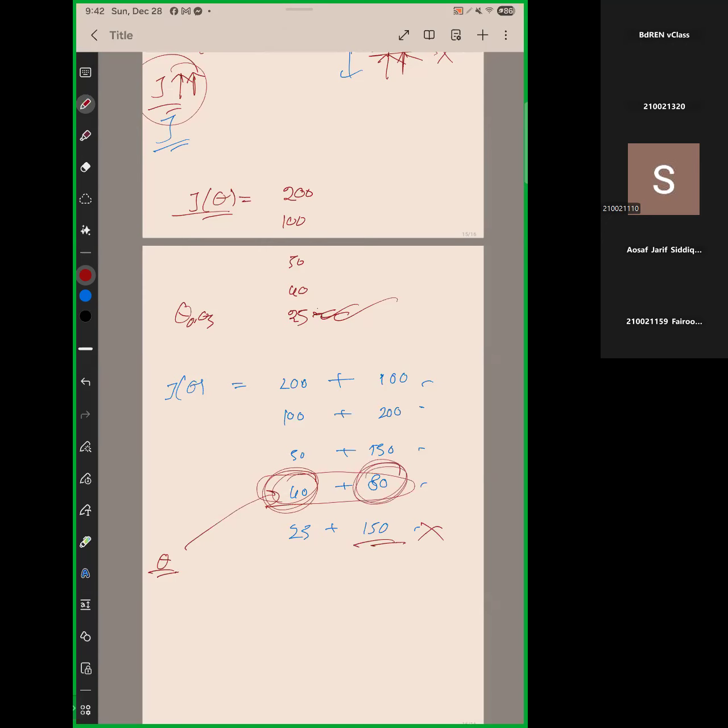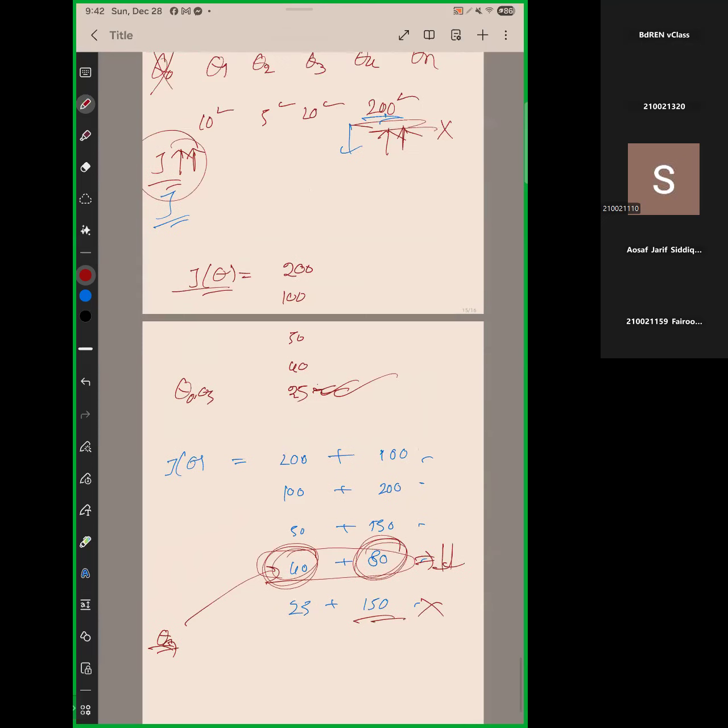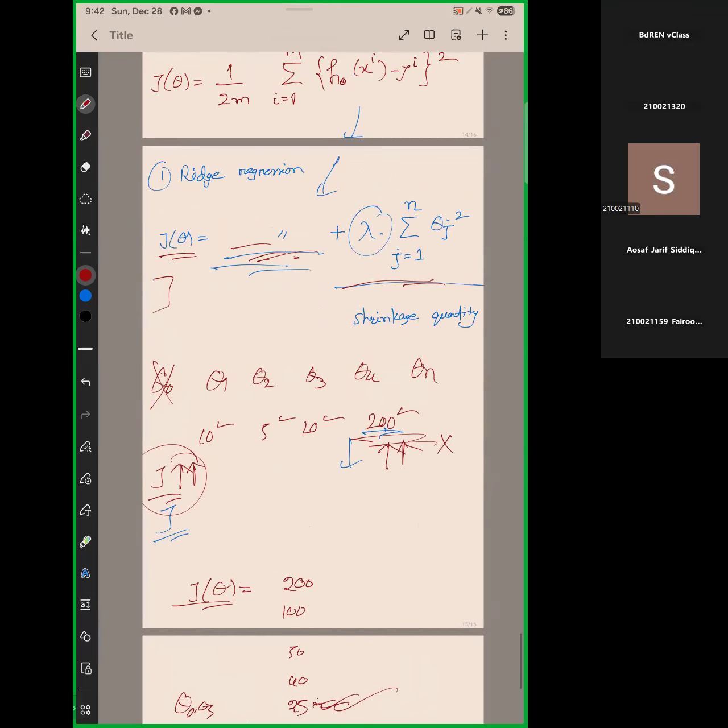I don't want any theta value to be too high, which would mean any particular feature is getting more focus. We don't want that. So the summation has to be the lowest now. It will find those theta for which the cost of prediction is lower as well as the values are low. It is going to find those theta values for which both conditions are met.